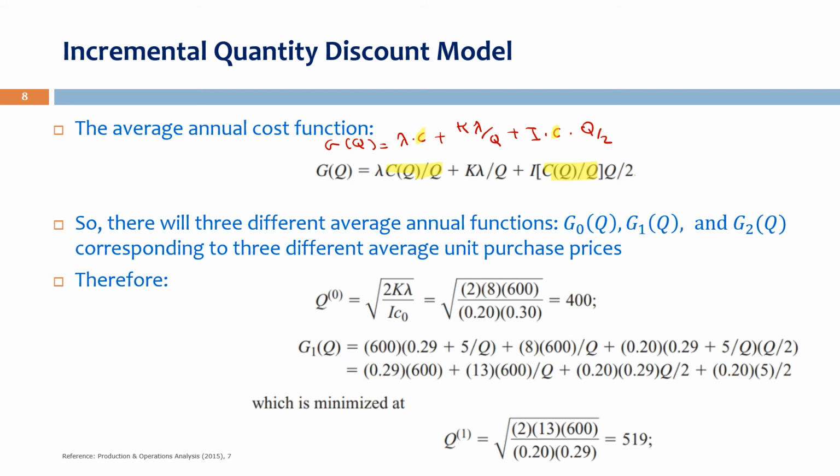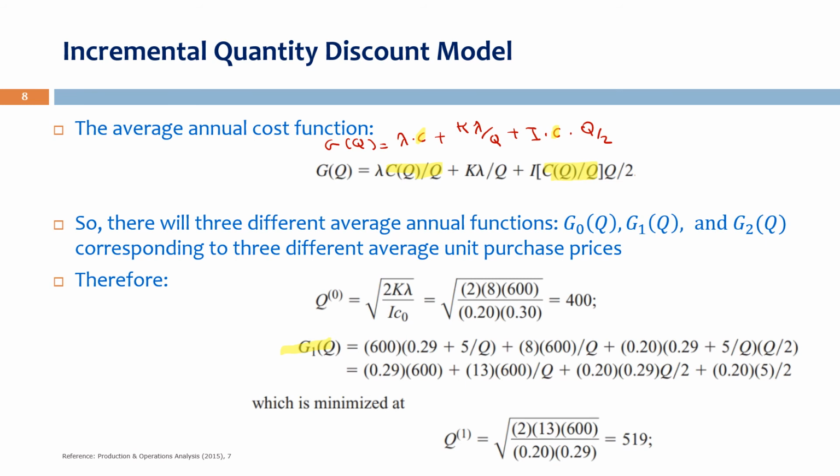We replace C(Q) over Q for each interval, then we have a unique average annual cost function for each interval, and then we solve that for Q. We take the first derivative of G(Q) with respect to Q and set it to 0, and by solving that equation for Q, we obtain the order quantity.